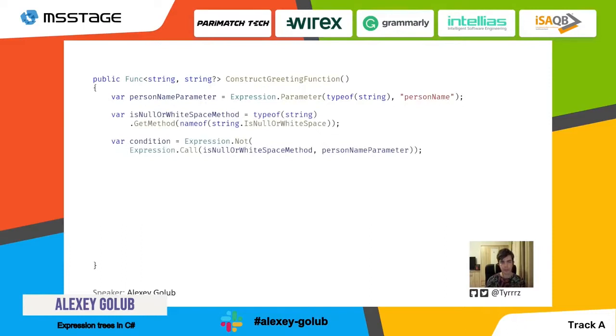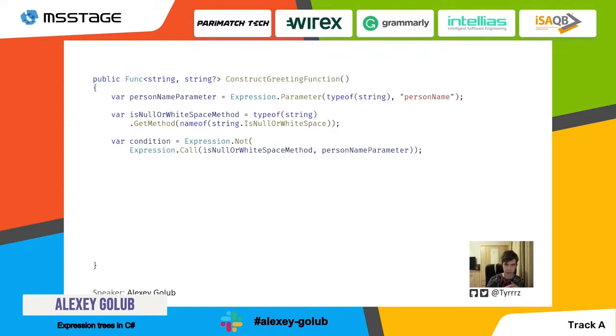For the conditional expression, which checks whether the condition we want to evaluate is true, we want to call the string.IsNullOrWhiteSpace method. Since we're doing it dynamically, we have to get the reference to this method, the MethodInfo, and to do that, we can use reflection. By calling typeof(string).GetMethod, we can get that method info. Once we have it, we can use Expression.Call to create an expression that executes this method with the parameter.